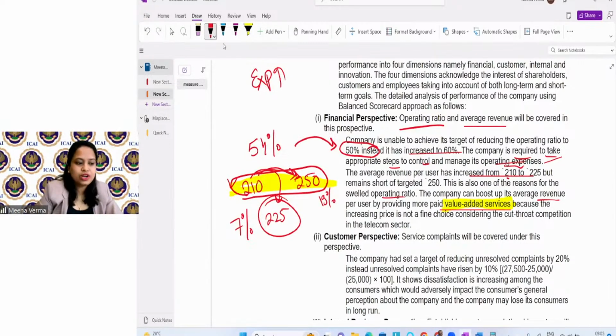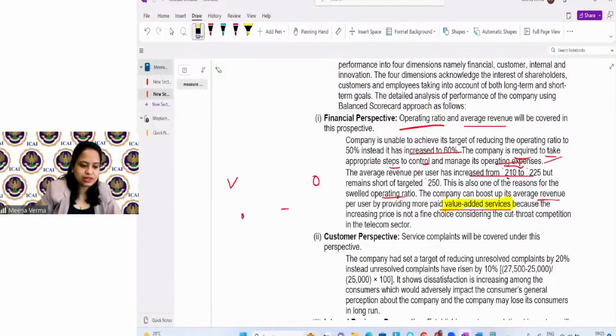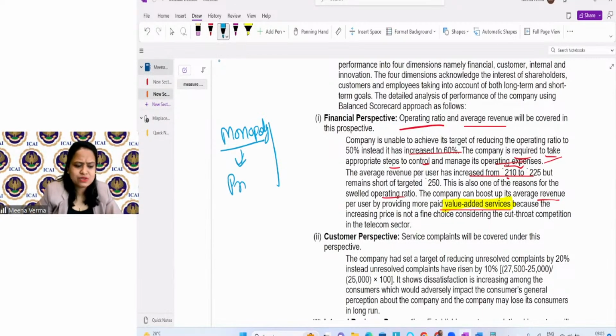Okay. So the point is that in competition, when the market is very competitive, see what else they have written. You can have two types of market. One is a market where you have the monopoly. In a monopoly market, you can decide the price. Whatever price you want to sell your good at, you can sell it easily because you have the monopoly. But if the market is the opposite, a competitive market, you do not have the option to increase the price.